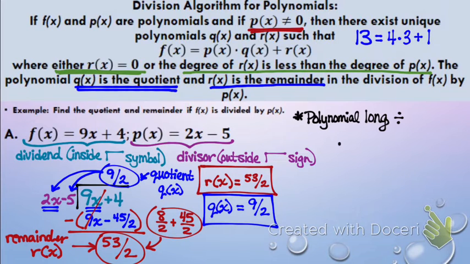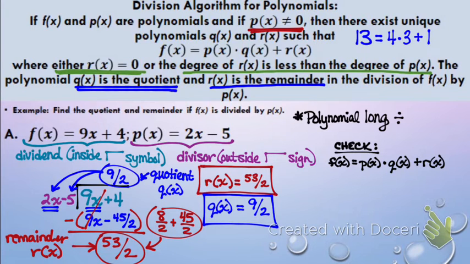So I'm going to check that f of x is equal to p of x times q of x plus r of x. Just like I was able to break this down with numbers, with these integers here, I'm going to verify that this worked with my polynomials.